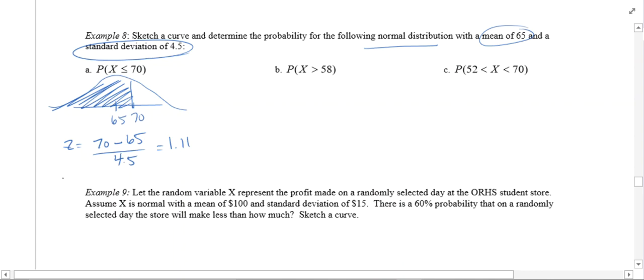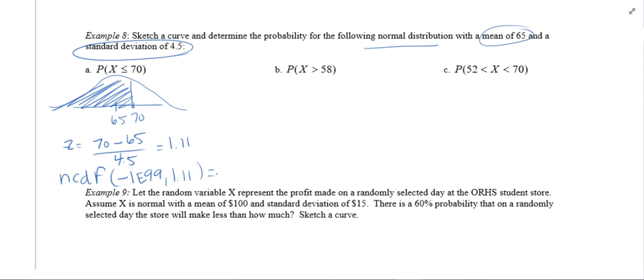The next thing we want to do is normal CDF. Do you remember we're going from over here negative infinity, so we are negative 1 e to the 99, comma 1.11. Okay, so the normal CDF, if you don't remember, you're going to hit second vars, which vars is right by your arrows, and then go down just one to normal CDF, and enter negative infinity, the negative 1 e to the 99, 1.11.